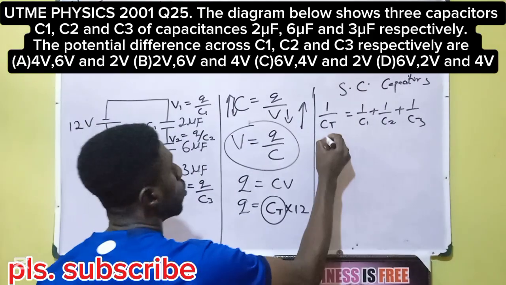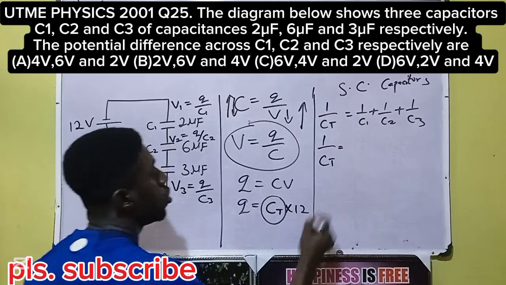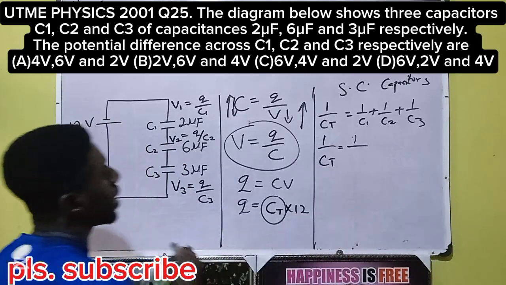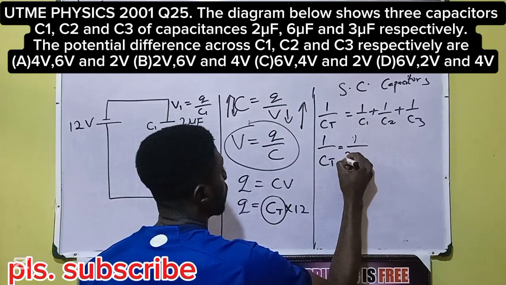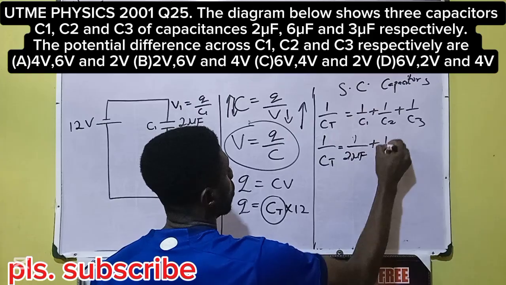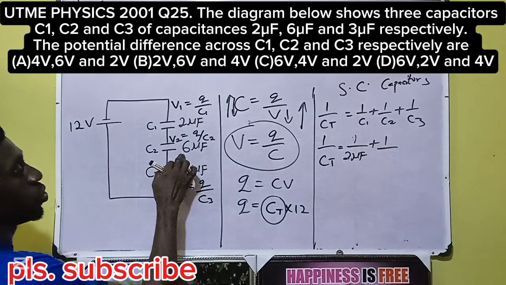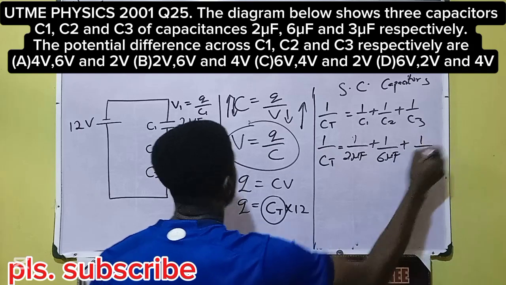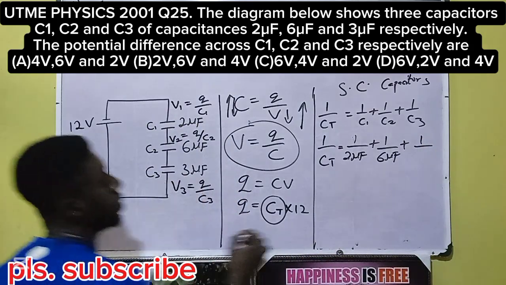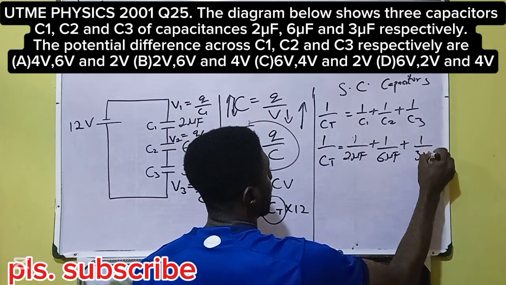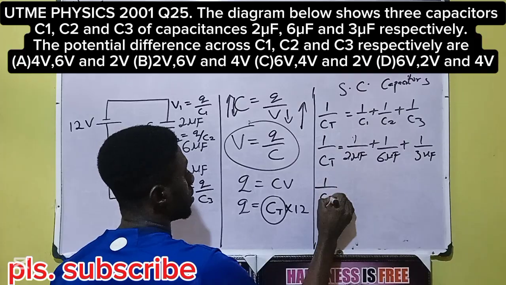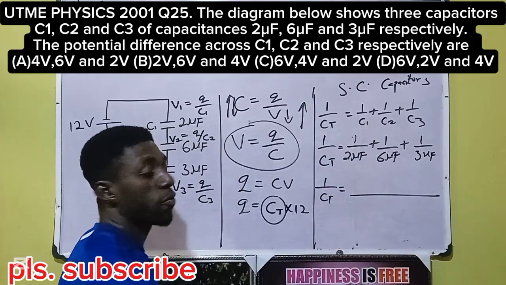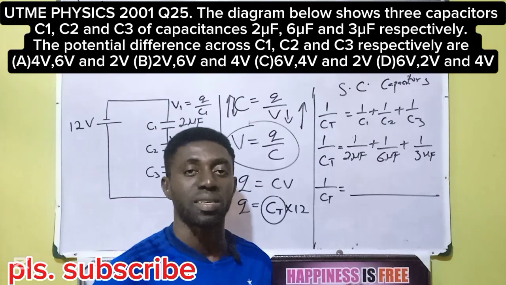So continue. 1 over CT is equal to 1 over, let's get our C1, 2 microfarad, plus 1 over our C2, 6 microfarad, plus 1 over C3, 3 microfarad. 1 over CT equals the LCM of 2, 6, and 3, which is 6.